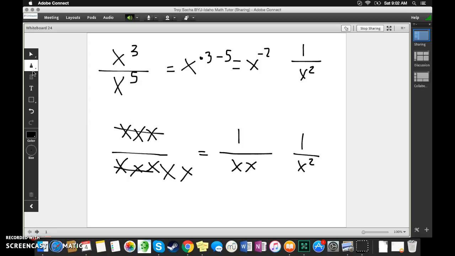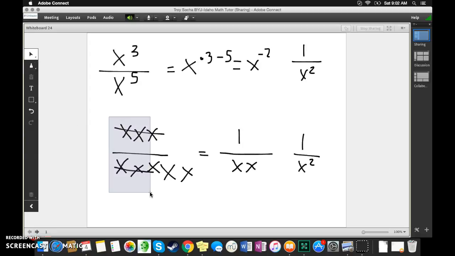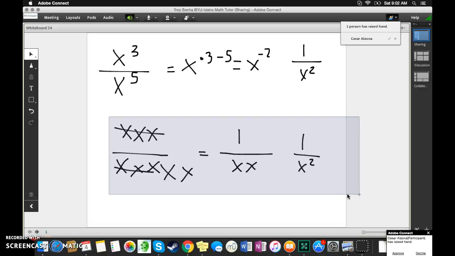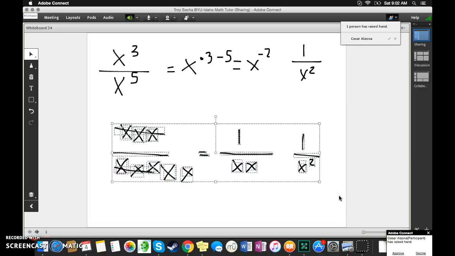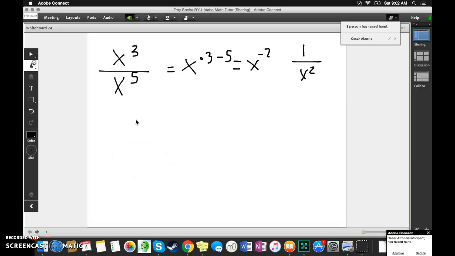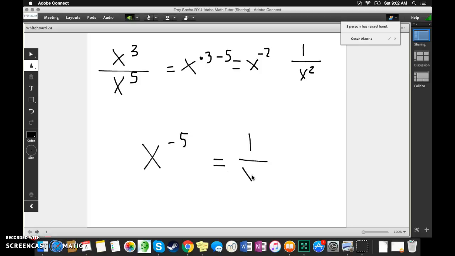So anytime you have a negative exponent, say x to the negative 5, that will always equal 1 over x to the 5th.